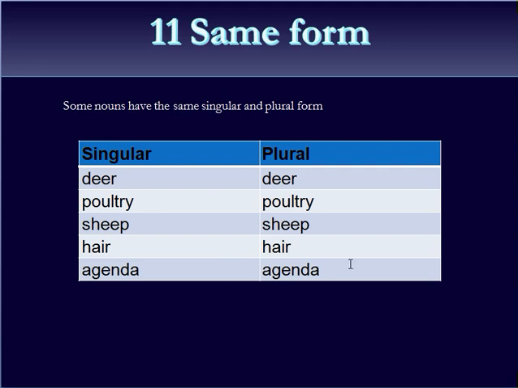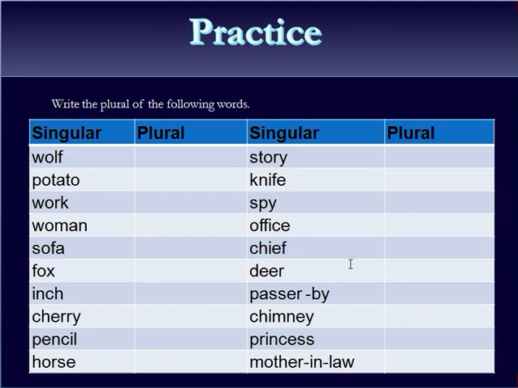So we have studied about so many singulars and plurals. Let's see what you remember out of these. Here's a little practice. The singular words are given and you have to think of the plural. So let's do this exercise. As I say out the singular words, think of their plurals and then we will check the answers.